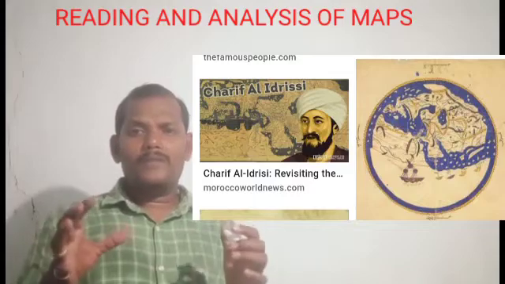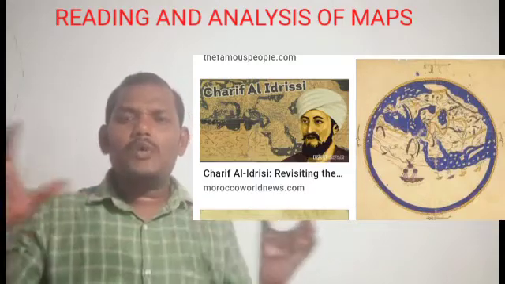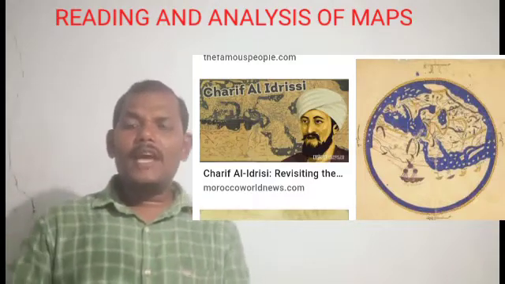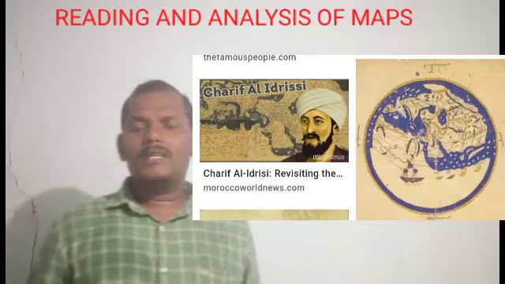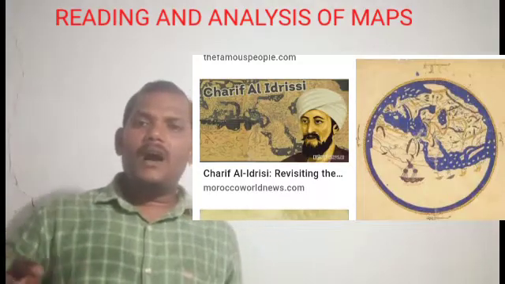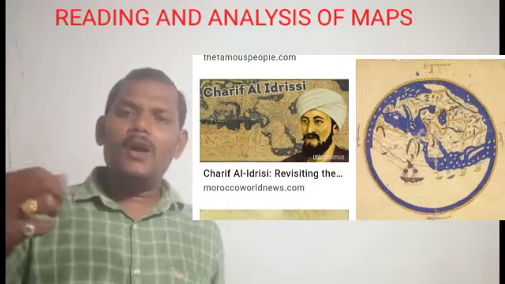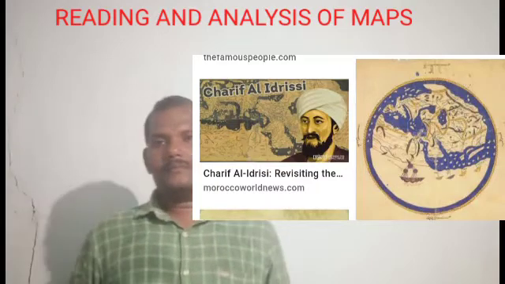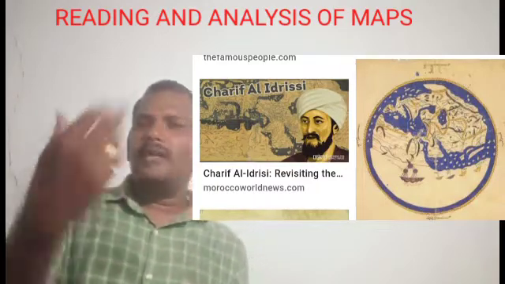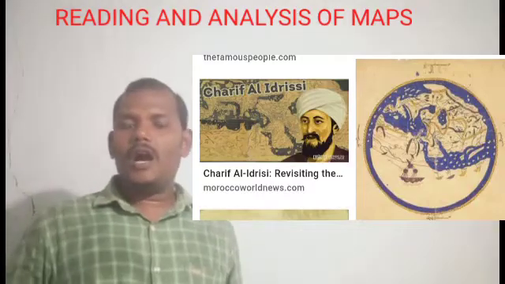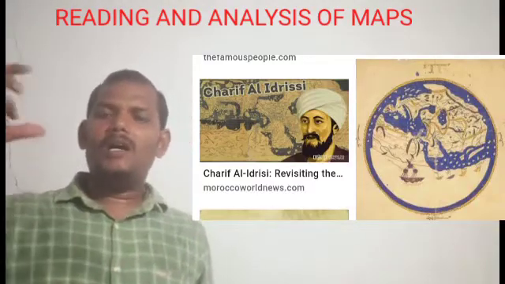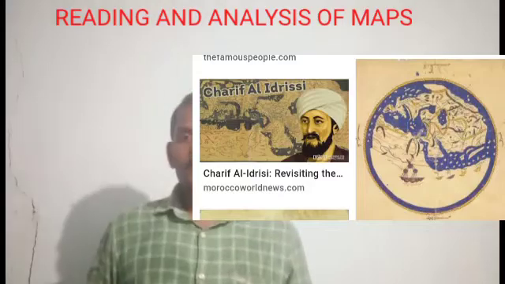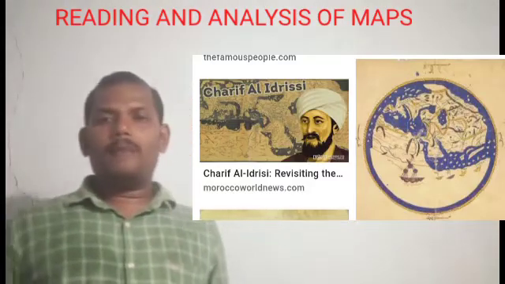And which areas did he show in the map? He showed the complete area of the Eurasian continent, Eurasia, Europe and Asia shown fully. Complete area shown in the map.